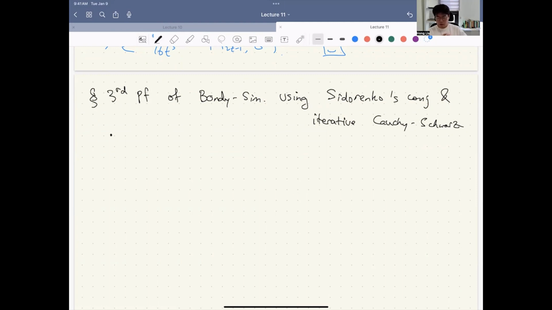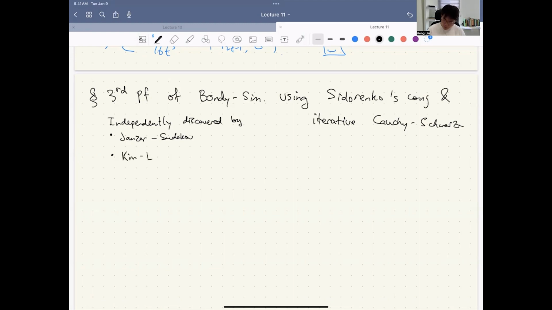It was discovered independently recently by two groups of people. One is Oliver Janzer and Benny Sudakov, and another group is Jaehoon Kim, Joonkyung Lee, myself, and Tuan Tran.